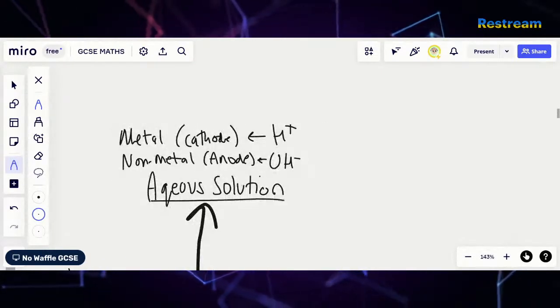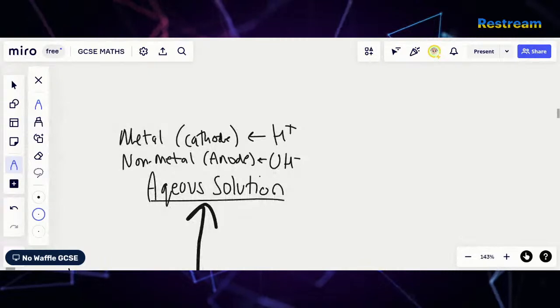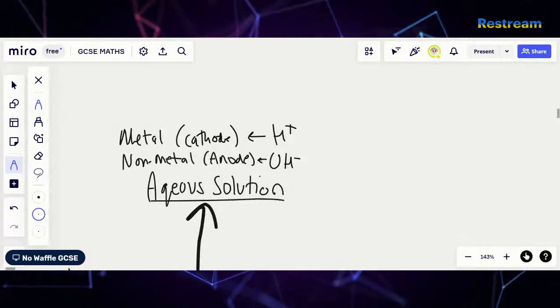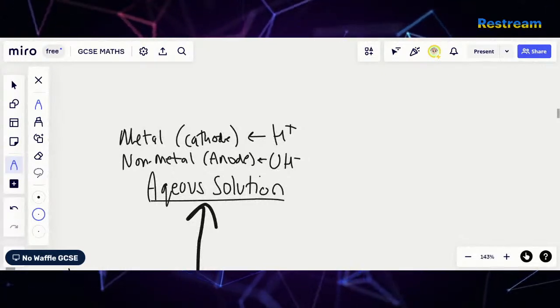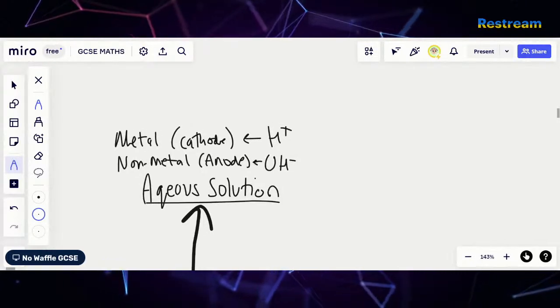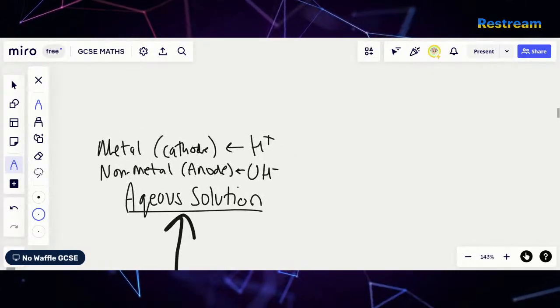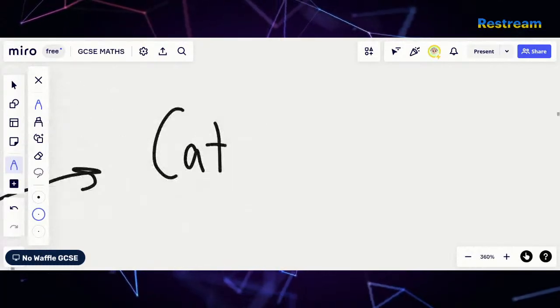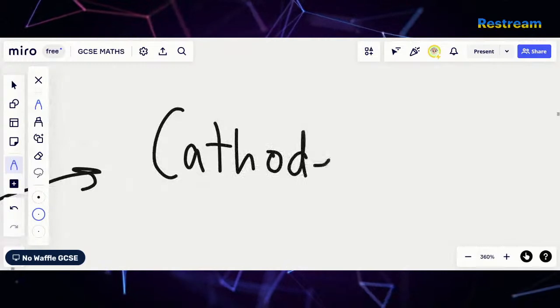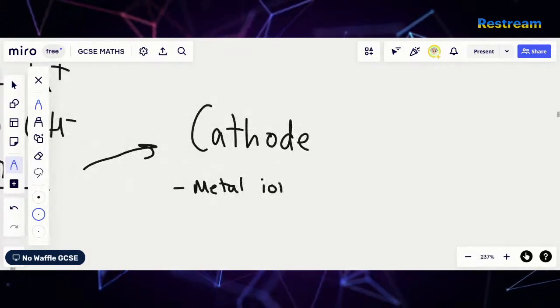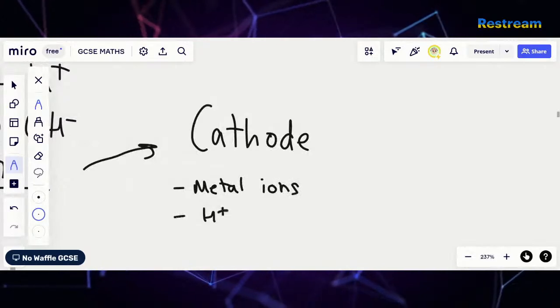So at the cathode, we now have the metal ions and the hydrogen ions, and therefore hydrogen gas will be produced if the metal ions form an element that is more reactive than hydrogen. So now we have rules, okay? So let's say we've got the cathode. At the cathode, we've got the metal ions and the H plus ions.